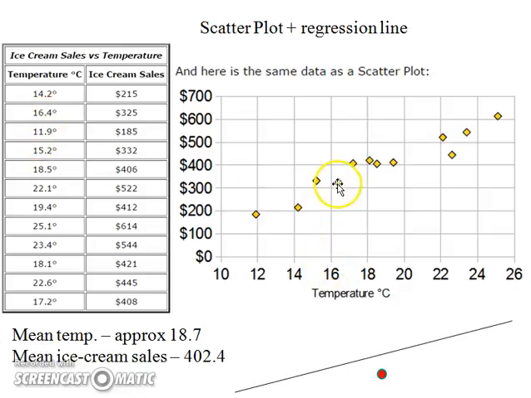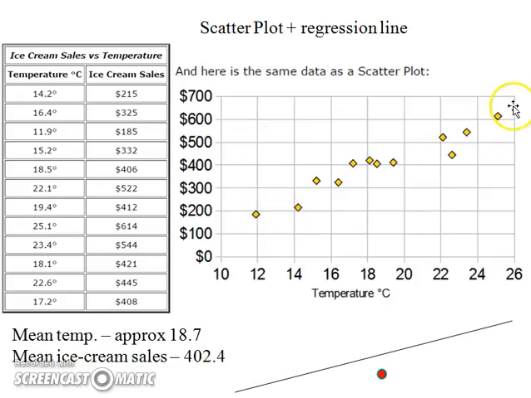16.4 is probably this one, and my y value is about 325. 11.9 is almost 12, so that's the one. My y value is 185, it's almost 200. And then you just keep on doing the same thing for all the points. Once all the points are down, we can see that we have a positive correlation, because as my temperature increases, my sales also increase.